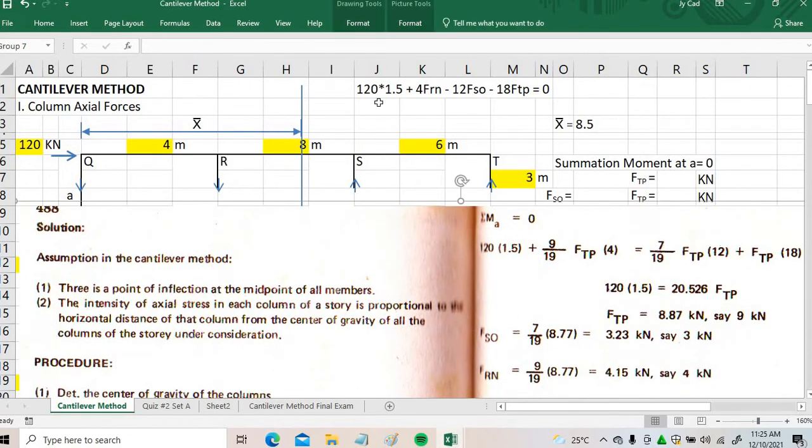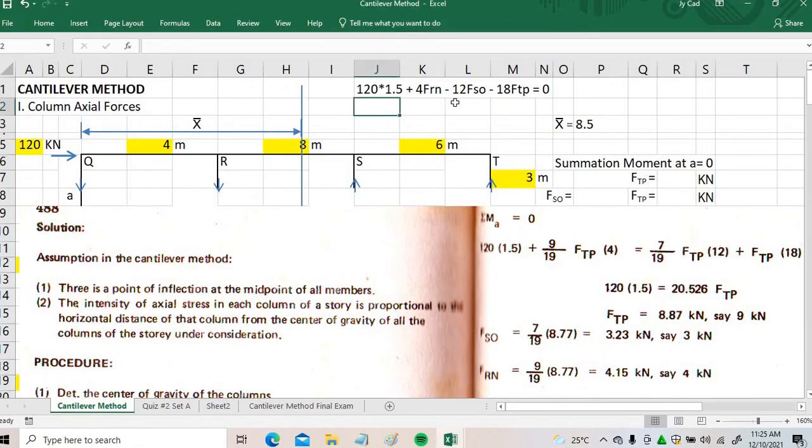Okay, so tapos yung mga negative na yan, ililipat natin sa kabila, dito sa kanan, para maging positive. So, this becomes now 120 times 1.5, magiging 180. Okay?